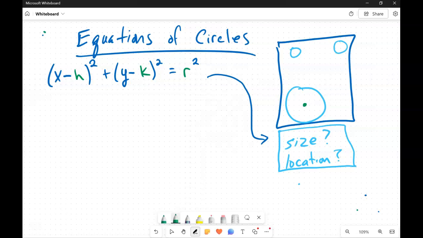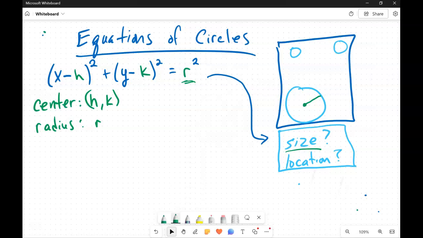So in this equation, our center will be located at the point (h, k). In terms of size, the size will be measured by the radius of the circle, and that's this component here. So the radius of our circle will be this number at the end, which is r. Now, that's a little bit abstract, because everything's in letters.